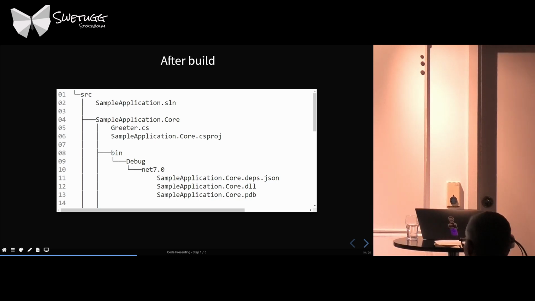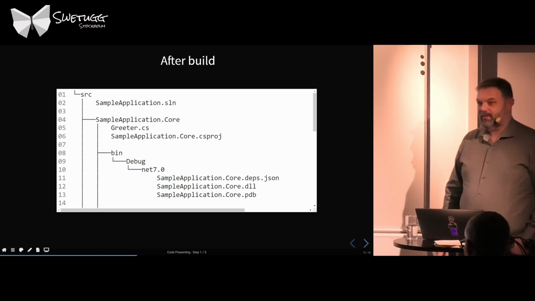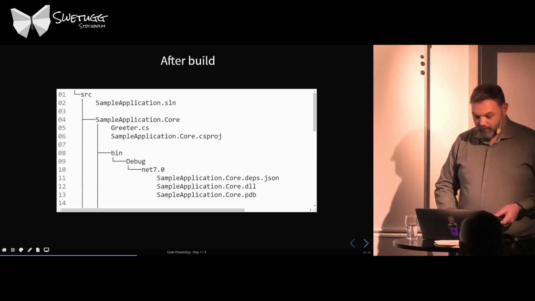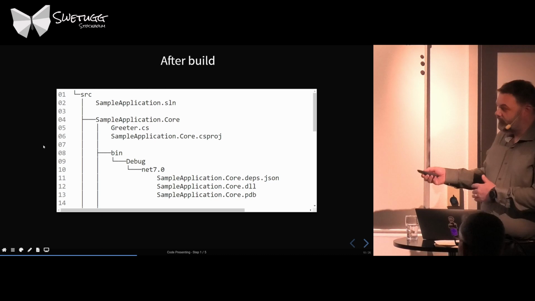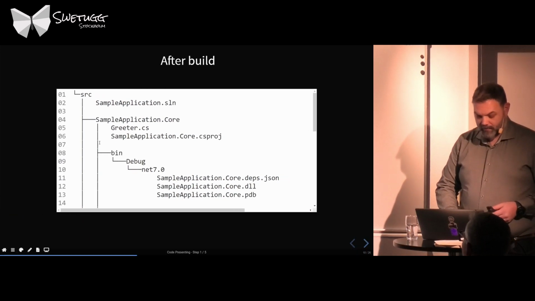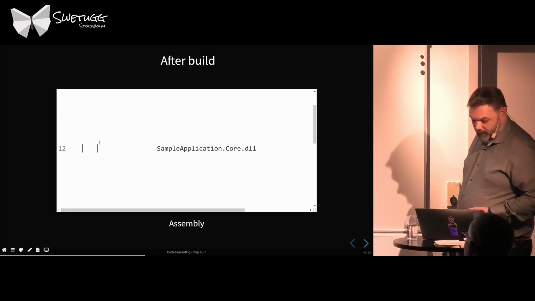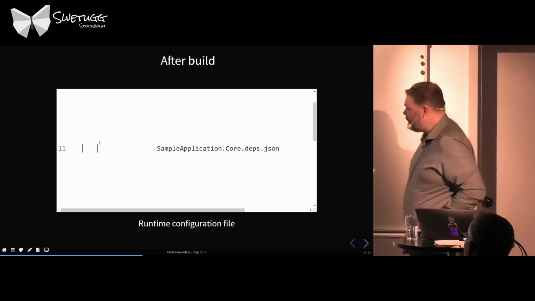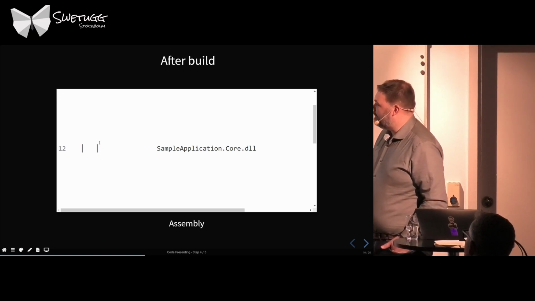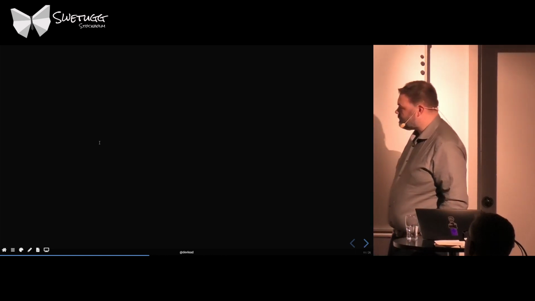It's very similar to the project JSON, but it also contains runtime information and things like that because it's targeted to that. So you will have even more information. So we have these dependencies. We will also have things like our DLL. We'll also have debug symbols if we compile with that.